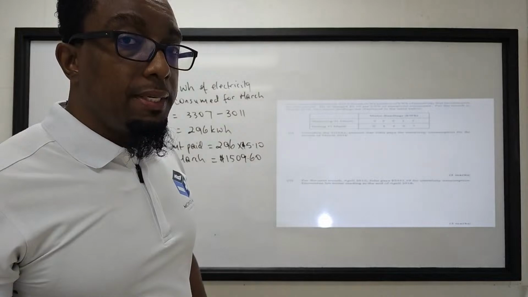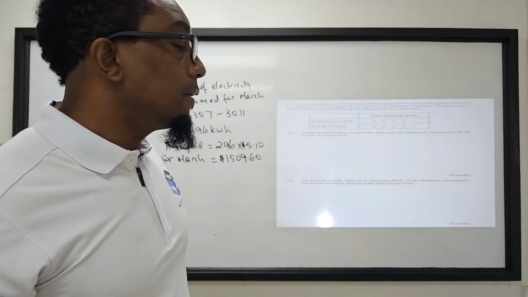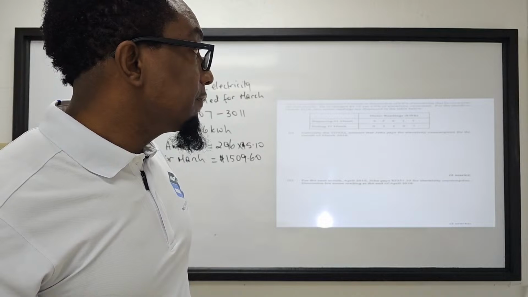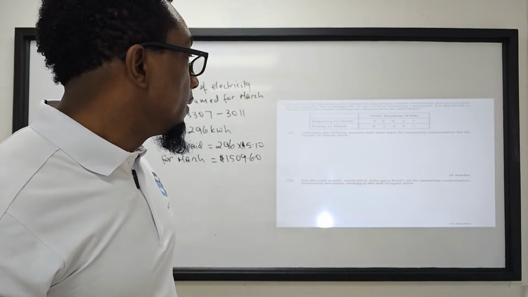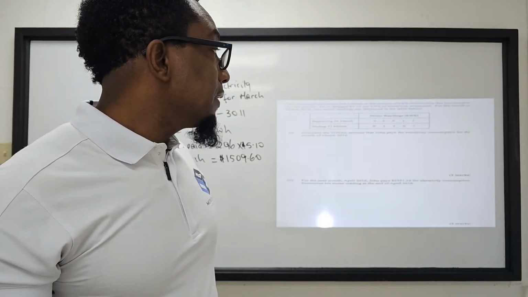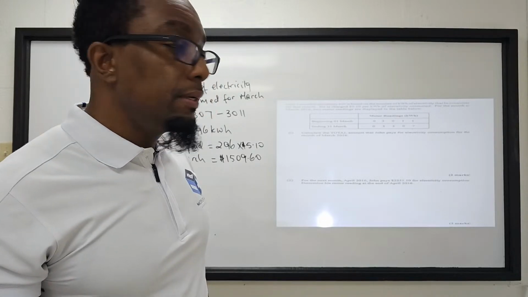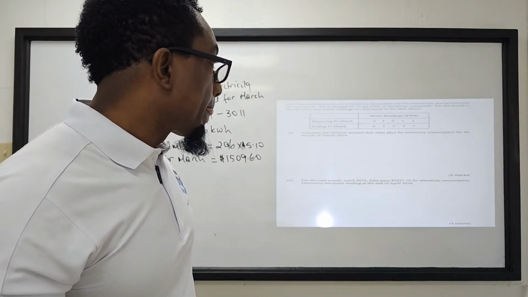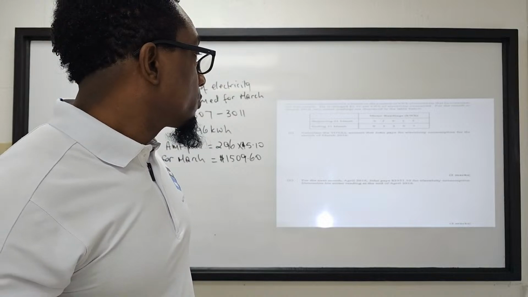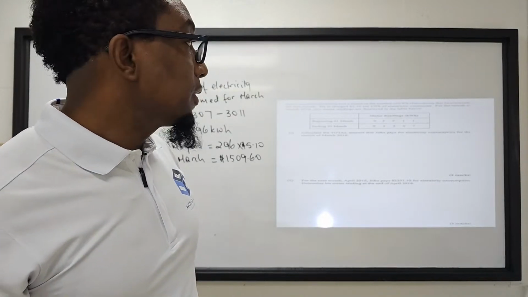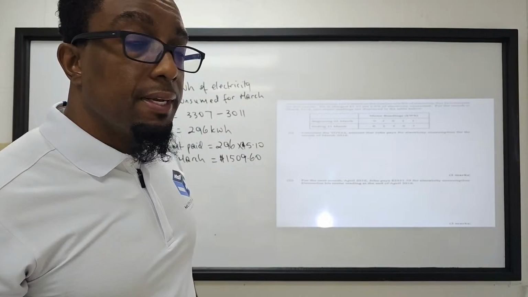For the next month, April 2016, John pays $2,351.10 for electricity consumed. They want us to determine the meter reading at the end of April 2016. So for the month of April, this is how much he pays, $2,351.10 for electricity.